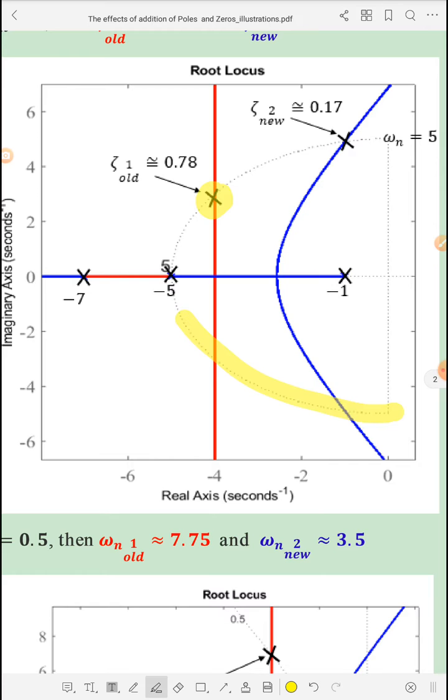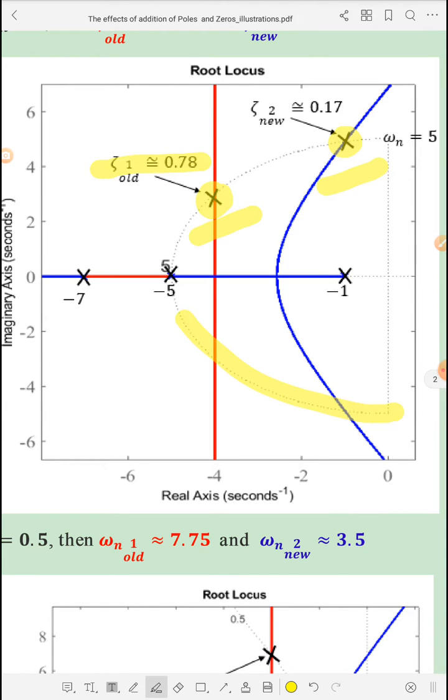The intersection of the constant omega n loci with the old root locus will give us zeta equal to 0.78, and the intersection of this circle with the new root locus will give us the new value of zeta, which is 0.17. So we are assuming that omega n is constant, and we are checking the effect of adding a pole on the zeta values. This is the old value and this is the new value.